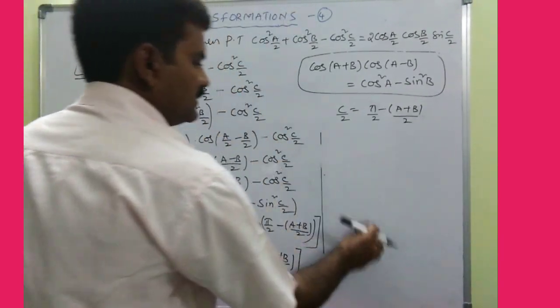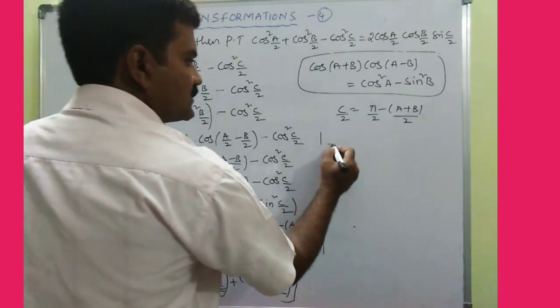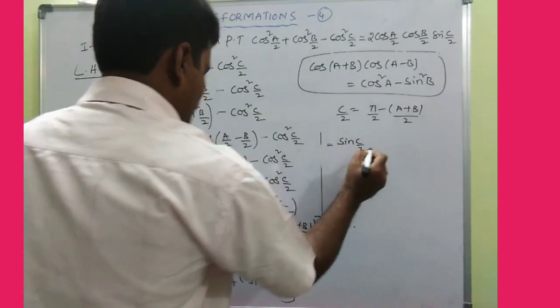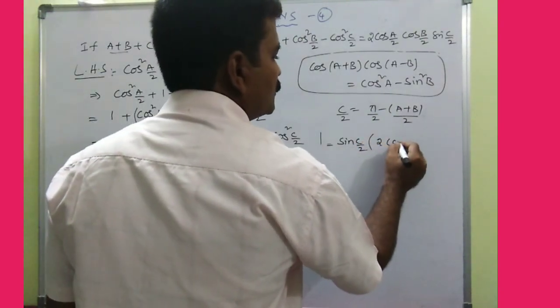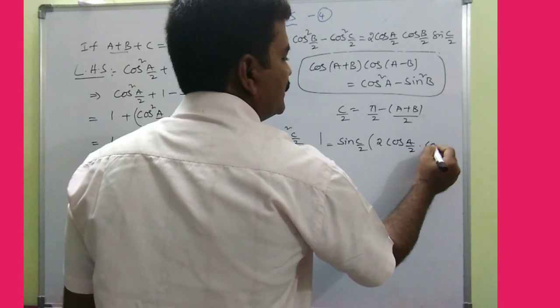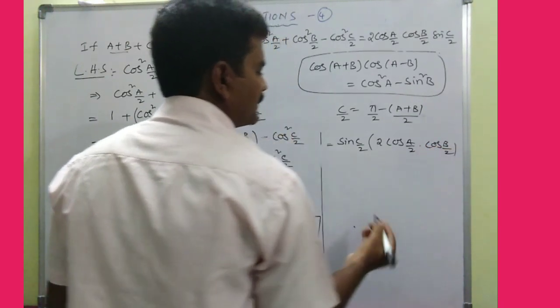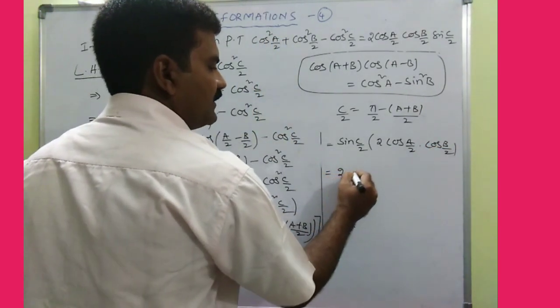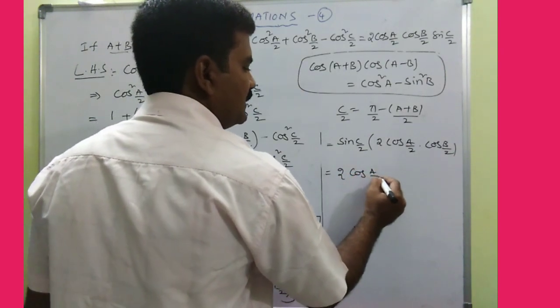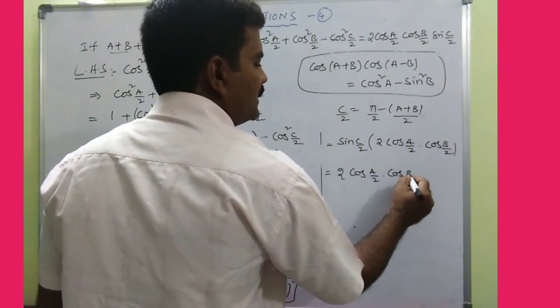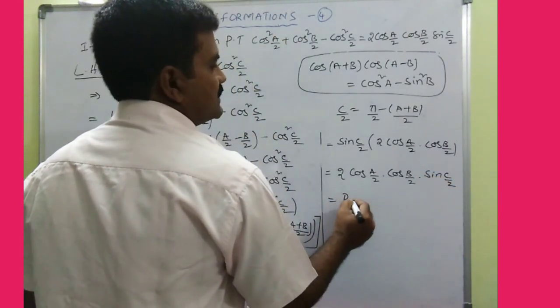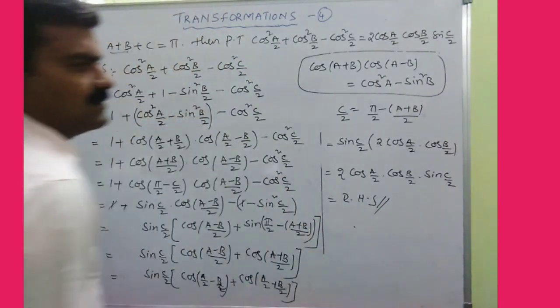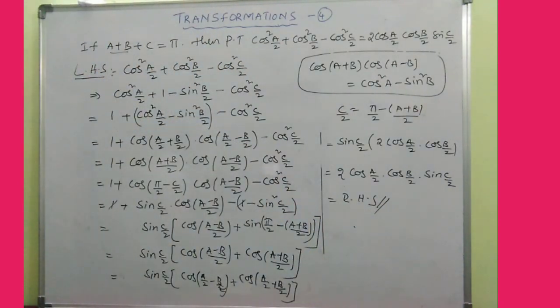This is sine C by 2 into, which is equal to 2 cos A by 2 into cos B by 2. So multiply and write in order, first A followed by B and then C. Is it the RHS or not? So it is the same problem, just differing by sign.